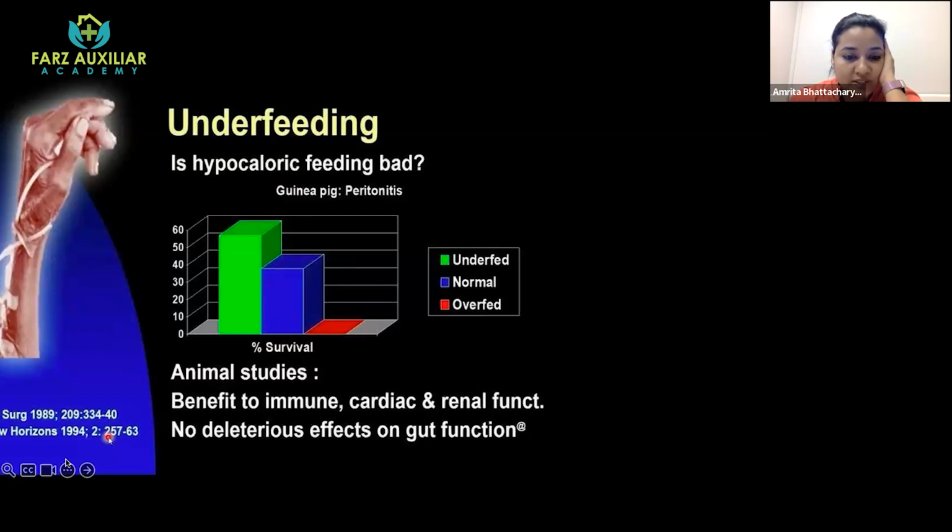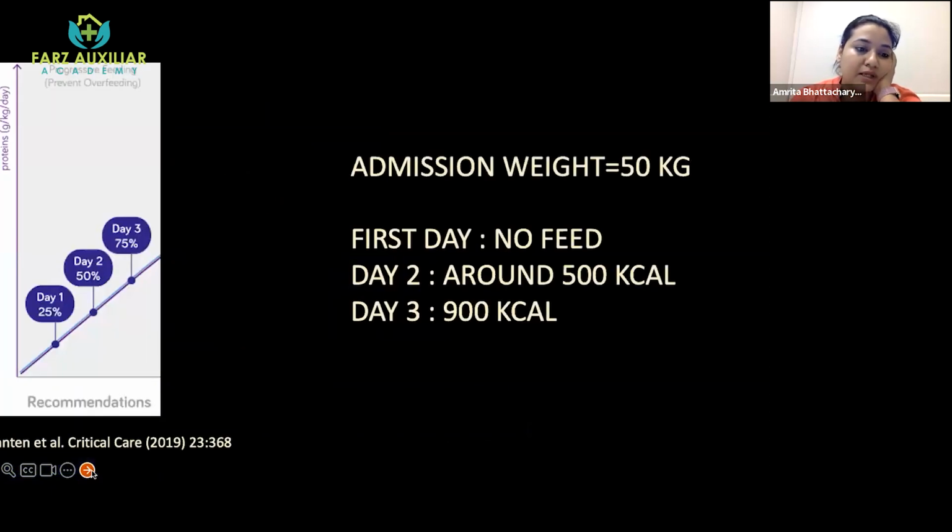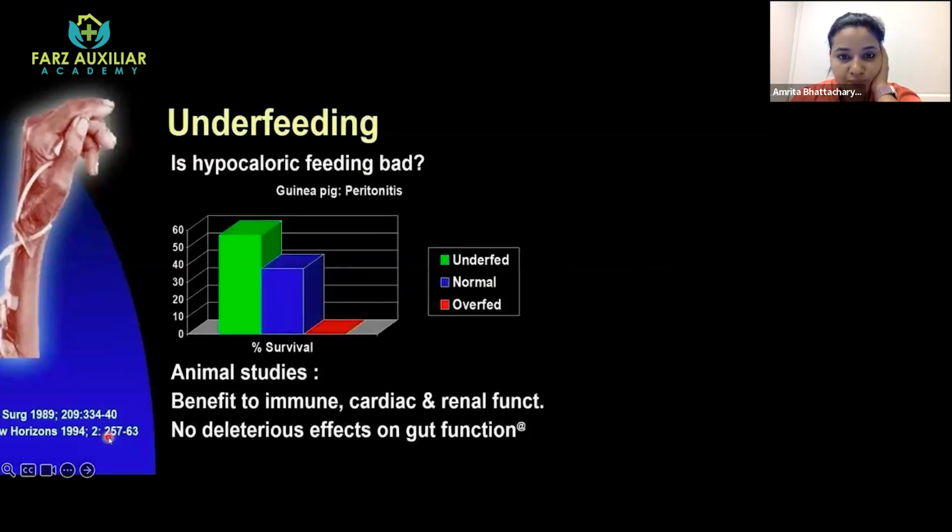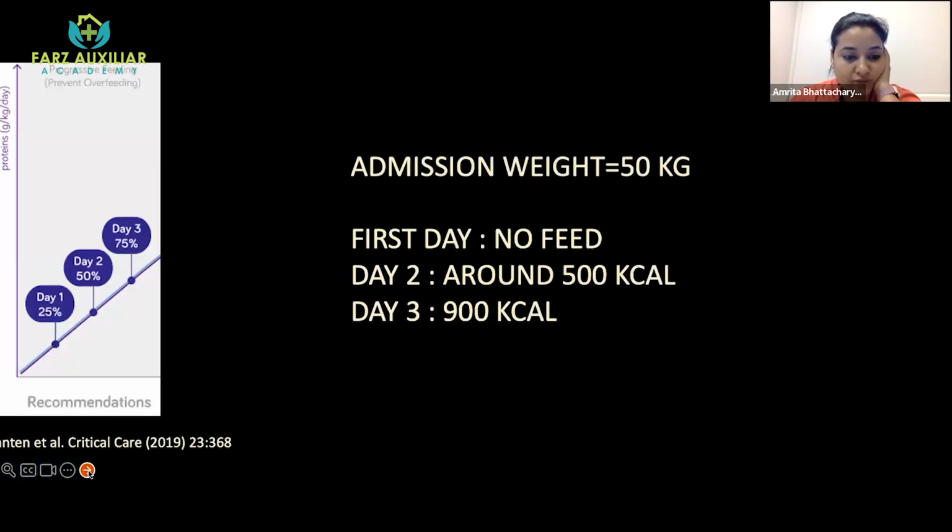And there was no deleterious effect on gut function, and there was benefit to the immune, cardiac, and renal functions. So this made people wonder that should we at all go for overfeeding or even normal feeding? Why don't we go for underfeeding?